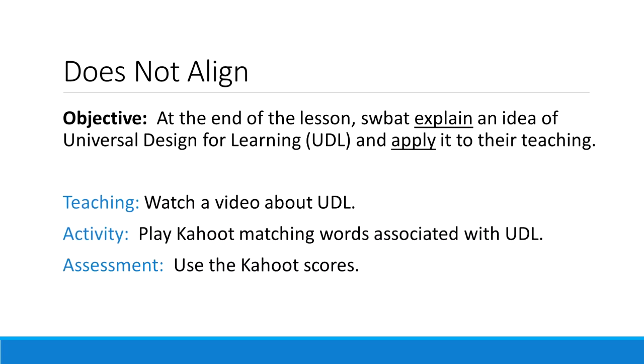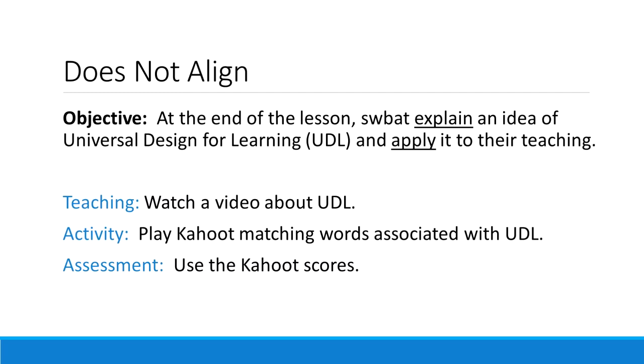So when it is not aligned, what does it look like? Say that I have the same objective, and then my teaching is, I still have you watch a video. An activity is that you play Kahoot, matching words associated with UDL, and the assessment is your Kahoot scores. I love gamification, I love Kahoot, but you have to make sure that it is aligned.